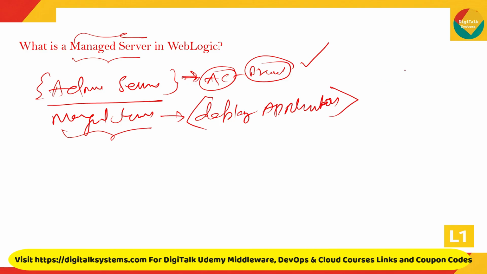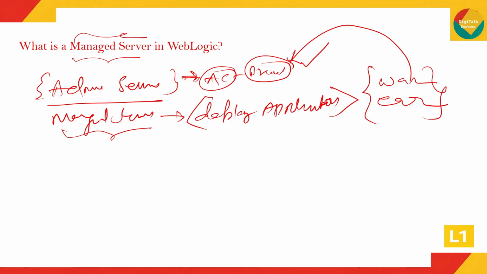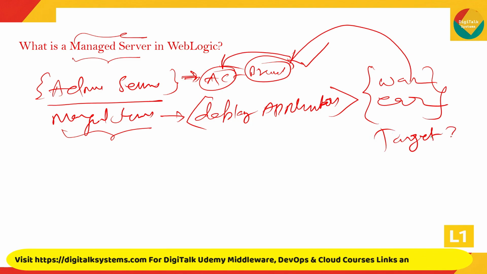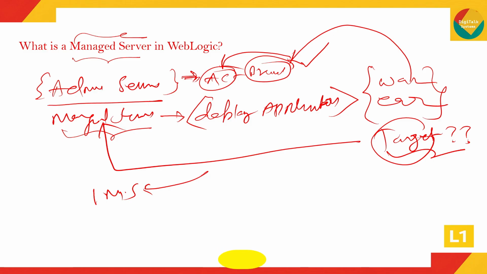You will get the application from the developers, like a WAR file or an EAR file. So when you are deploying this application using the admin console, we have to select a target where you want to deploy the application. As a target we always select the managed server. If you have only one managed server, then you can deploy the application to that one managed server.